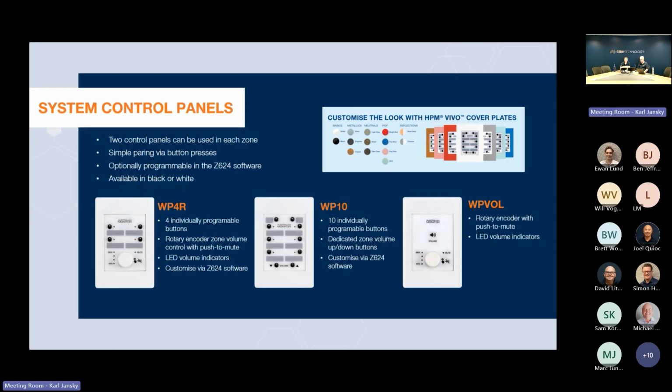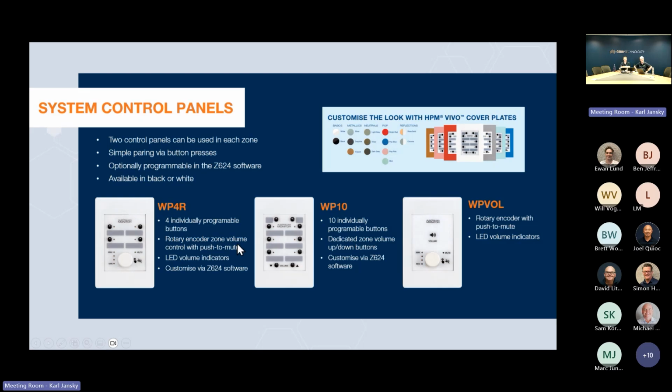In terms of the control panels, to jump into that in a bit more detail, the WP4R has 4 buttons and the rotary encoder, and we'll show you in a future slide how the software can be configured to change the functions of those buttons. The WP10 is very similar, it just has more buttons on it, allowing you more control, and then there is the WP Vol.